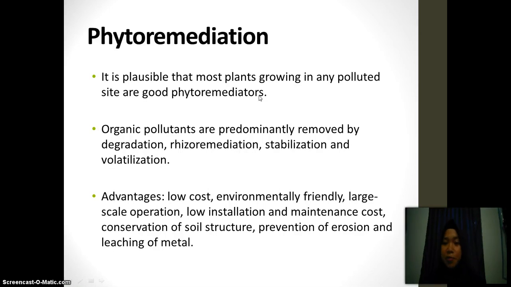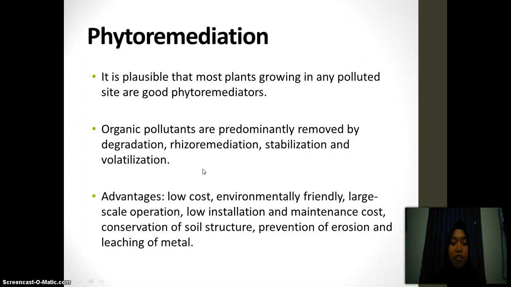We know before that Plantago asiatica L grows really well in disturbed areas, so it will be a good subject. The second point is that organic pollutants are predominantly removed by degradation, rhizoremediation, stabilization, and volatilization.